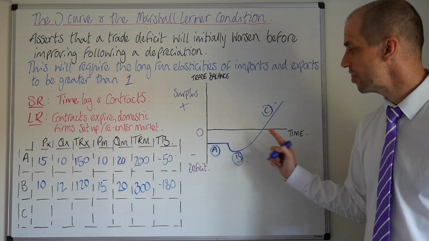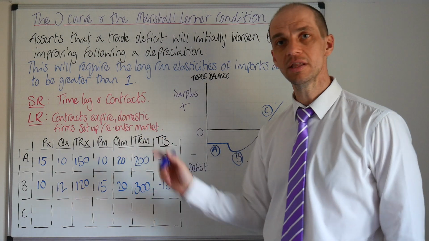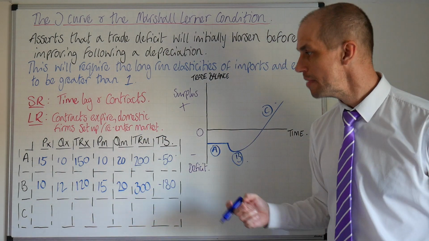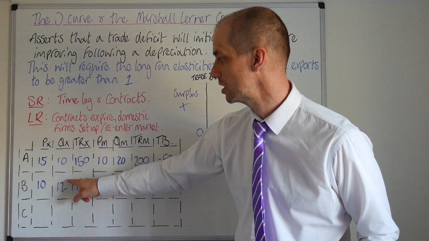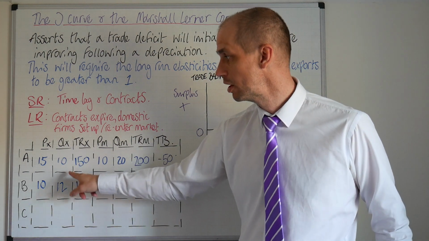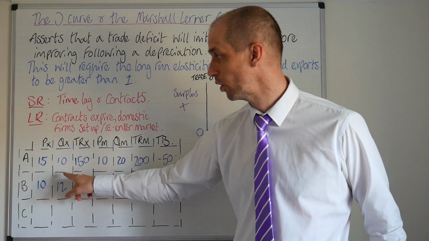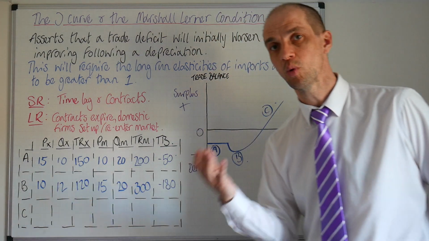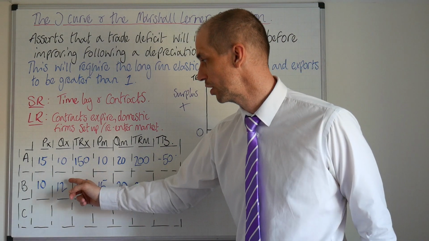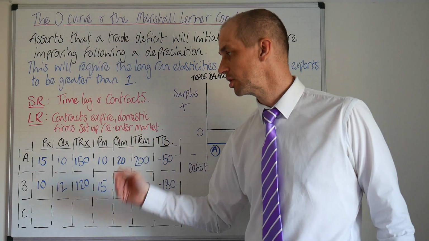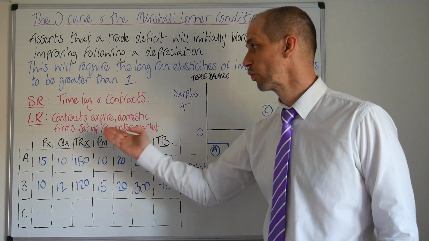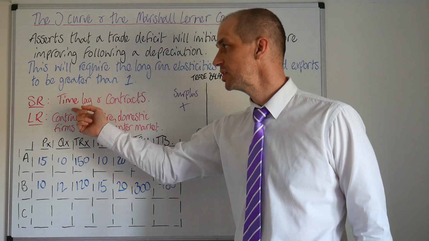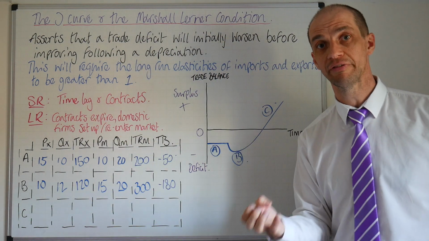Now that's significant, and the reason we may see relative inelasticity, i.e. the fact that quantity demanded hasn't increased much for our exports despite that quite considerable price fall of a third, is due to inelastic demand for exports in the short run, and this is going to be down to time lag effects.